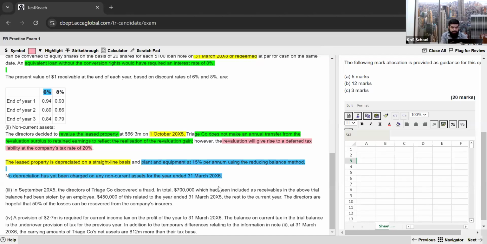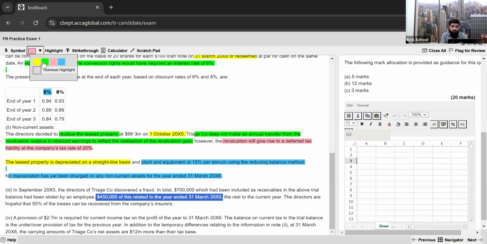Okay, now let's continue that one. 4,50,000 of this is related to the year ended 31st March 2005. And 31st March 2005 is basically the last year, because the current year accounting period is ending on 31st March 2016.